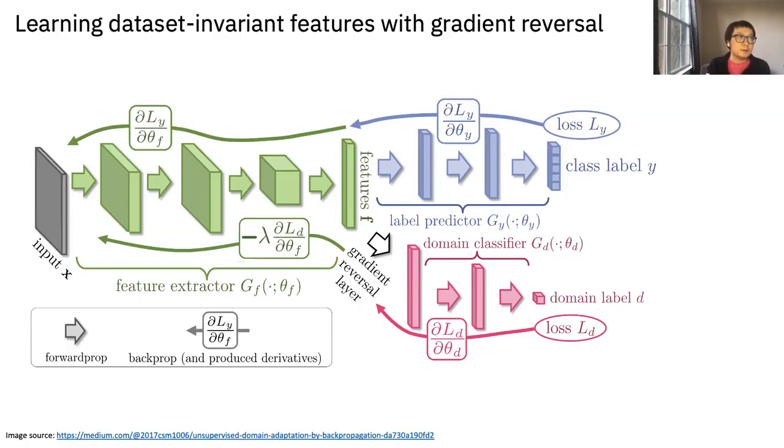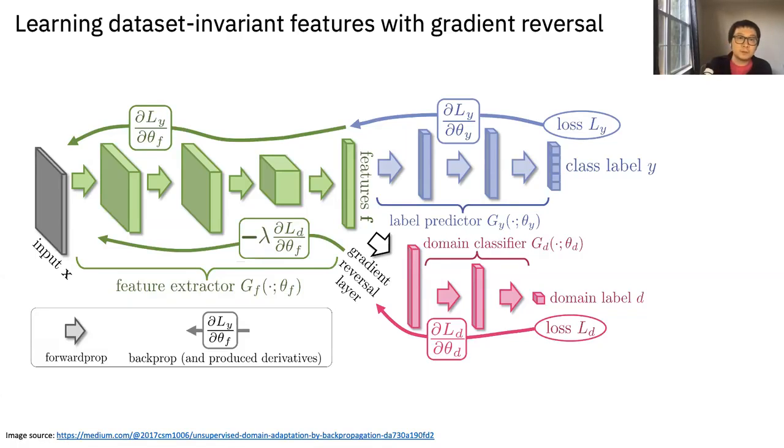But if we add a gradient reversal layer, then if the pink part correctly identifies that this is a pair coming from the source scenario, since we are reversing the gradient, the green part is trying to say, no, you are wrong, it's actually from the other data set.